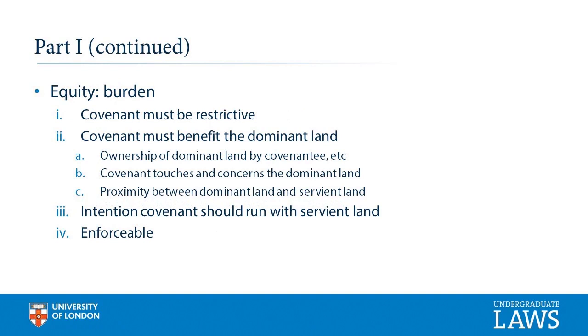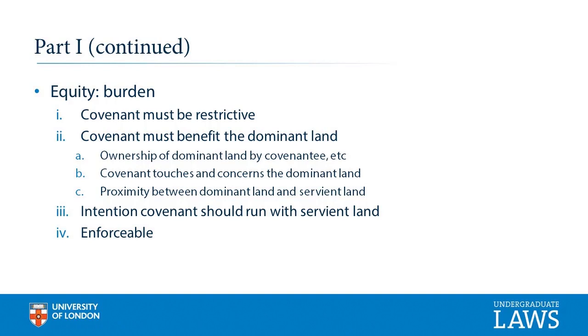In this part of the lecture, we shall identify the circumstances in which a covenant can be enforced in equity against the covenantor's successor in title. A covenant can be enforced against the covenantor's successor in title if four conditions are satisfied.